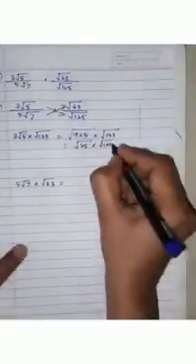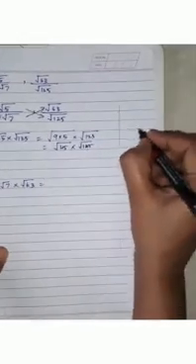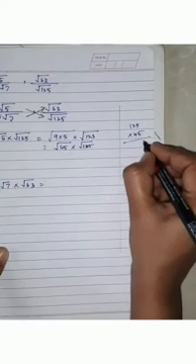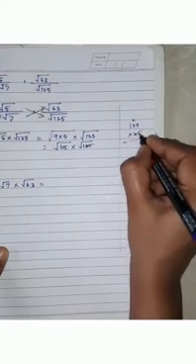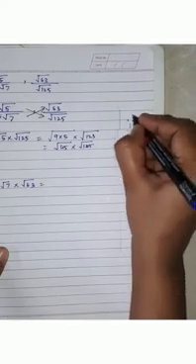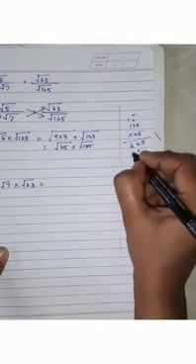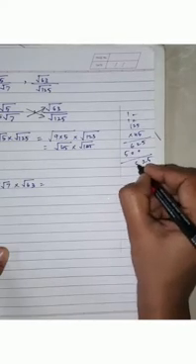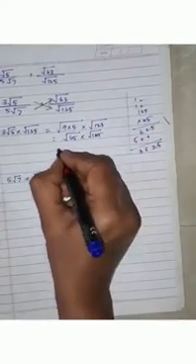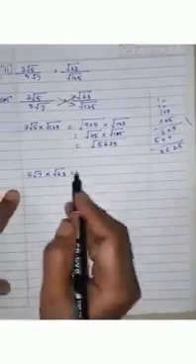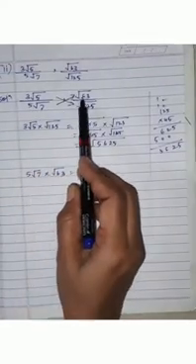So when we multiply 125 by 45, what we get is 5 5s are 25 carry 2, 5 2s are 10, 12 carry 1, 5 1s are 5, 6, 5 4s are 20 carry 2, 8, 10 carry 1, 5. So we get 5 6 2 5. So what we get is under root 5625.